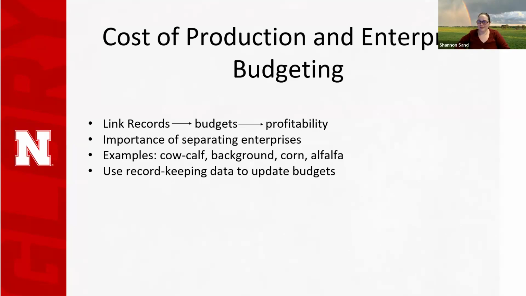So like I said, using that record keeping data to update budgets is really helpful, especially again when we're considering adding a new enterprise or changing our current enterprise, if we're expanding our cow-calf operation, anything like that. This information is super essential for calculating cost of production and really, really important. So if you want to evaluate those changes, again, having this is just super, super powerful in terms of evaluating.